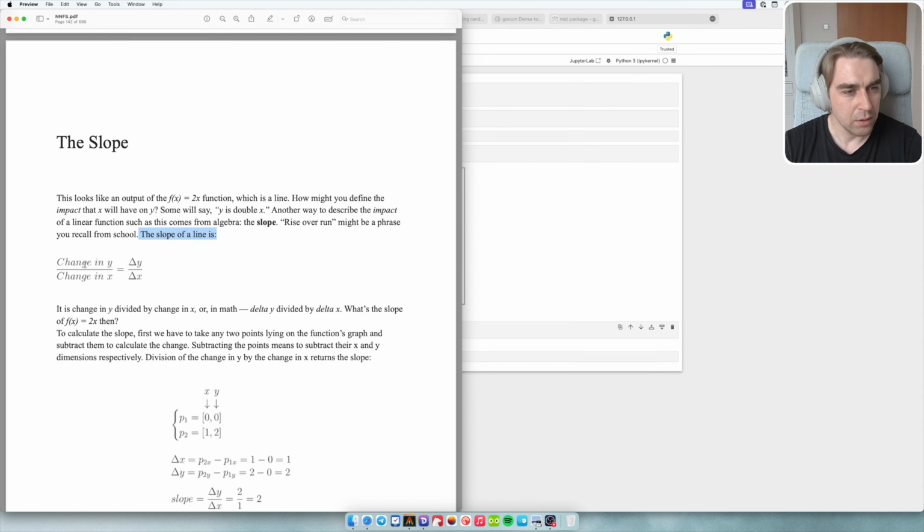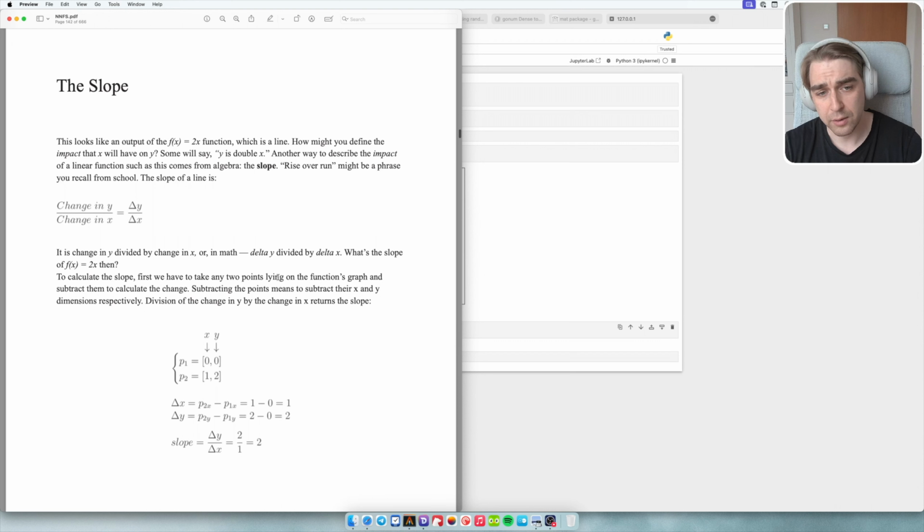The slope of the line is the change in y divided by the change in x, or in math, delta y divided by delta x. What's the slope of 2x then? To calculate the slope, first we have to take two points on the function's graph and subtract them to calculate the change. Subtracting the points means subtracting the x and y dimensions respectively.